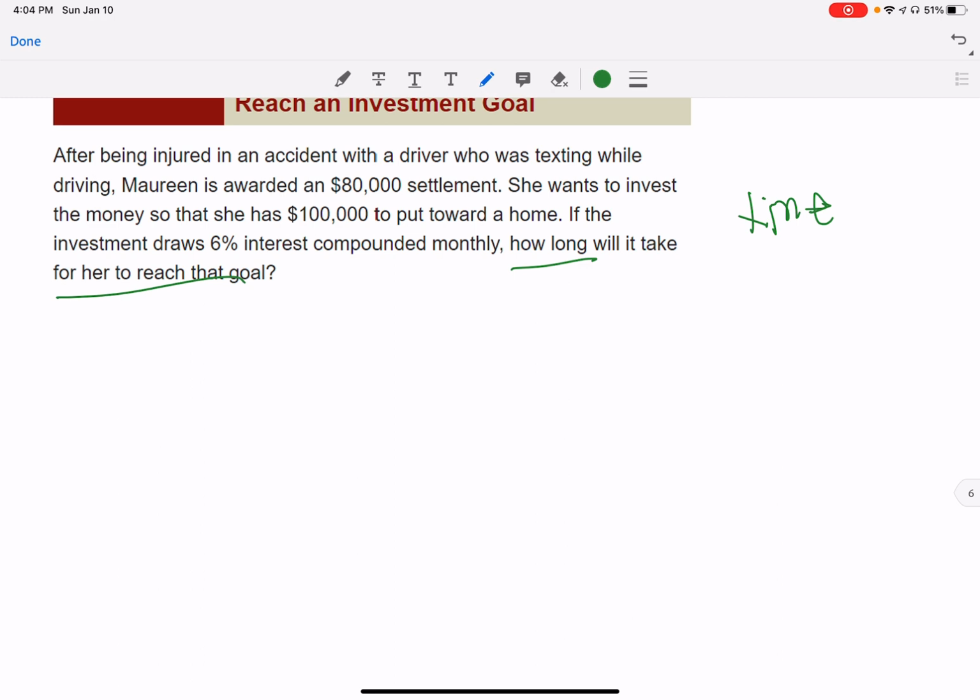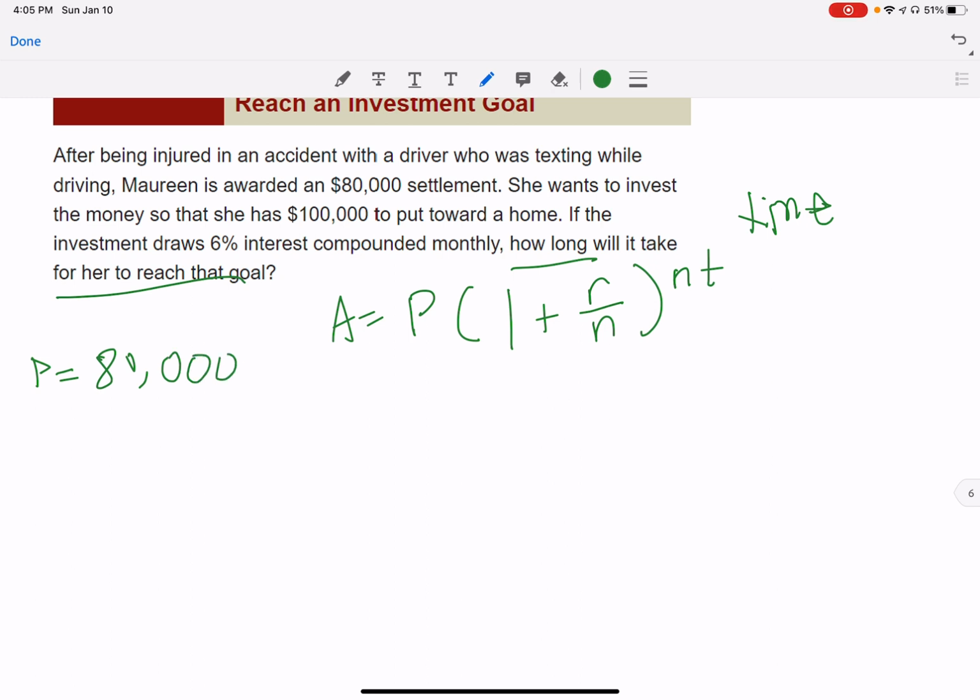So we are going to use that same interest formula that we had earlier: A equals P times (1 plus r over n) to the nt. On the side, we're going to write down the information we have. Our principal, which is what she's starting with, is $80,000.